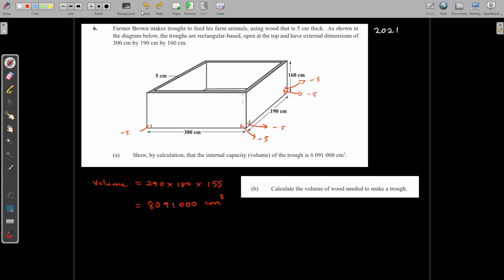I think this question is a bit vague. Like if we were just to look at the question and pick out what they want from us, it's a bit vague, if you ask me.